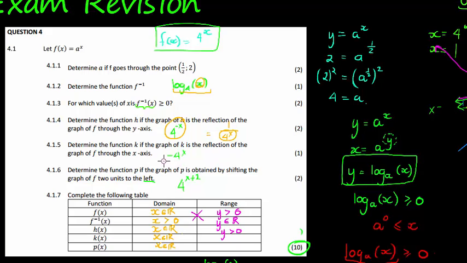Okay, how about k of x? This one's range. Because y is equal to negative 4 to the power x. What are the possible y values that we can get? We can never get a negative y.